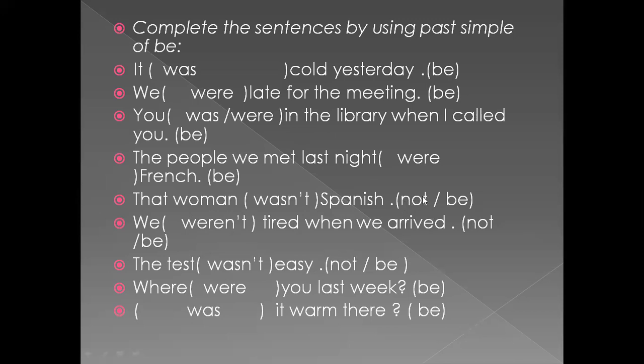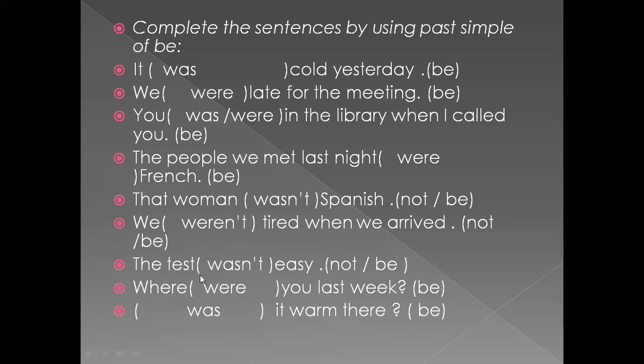When the question wants you to make the sentence negative, it will put the word not beside the be. We weren't tired when we arrived. So with not and be, we becomes were, and here we have not, so we weren't.